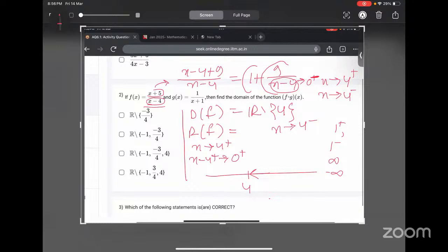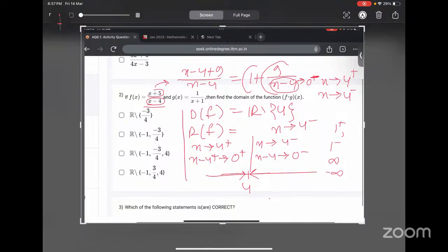Similarly, when we are approaching 4 from the negative side, you are less than 4. Then x minus 4 will be tending to what? 0 minus. How is that, ma'am? I'm not able to understand that part.